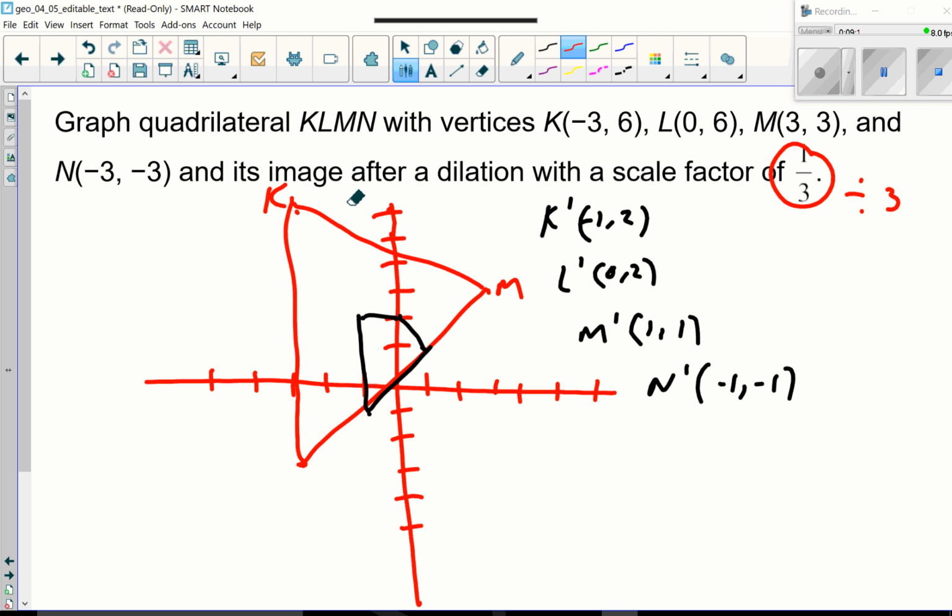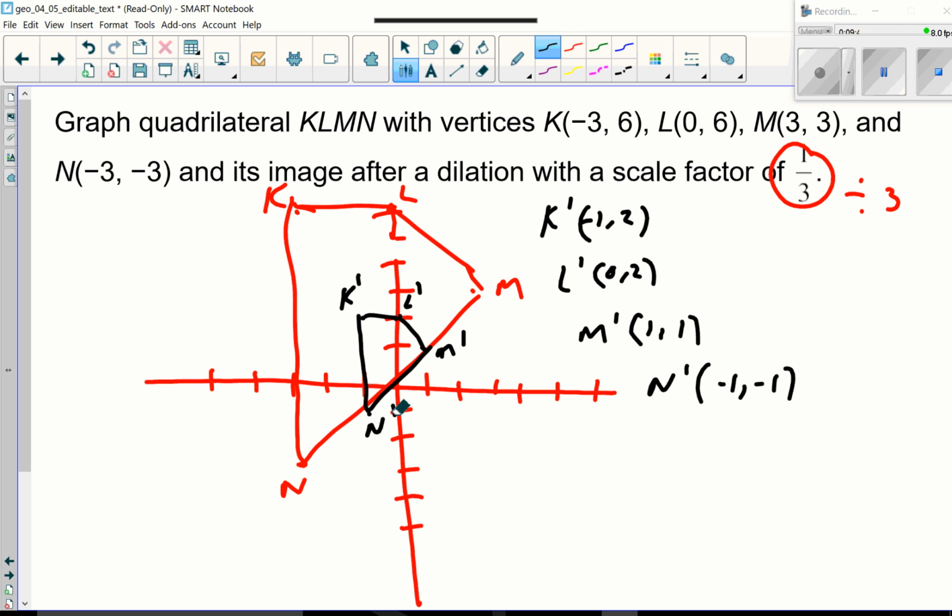Missing my L, sorry. Oh, sorry, it should look like this. Let me erase that. Put that back in. There we go. That looks a little bit better. Okay, and then finally N. Okay. Moving on. Labeling K prime, L prime, M prime, and N prime.